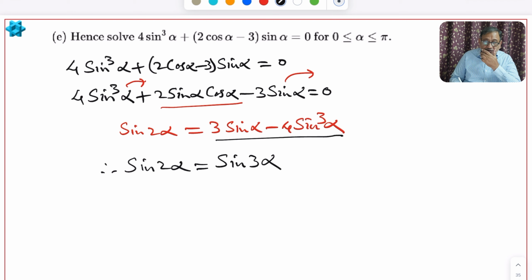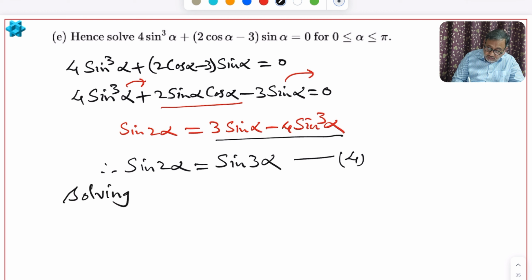And solving equation 4, this is equation 4, we have to solve this equation. So solving equation 4 in this interval, look here, in Casio calculator there is a nice arrangement.